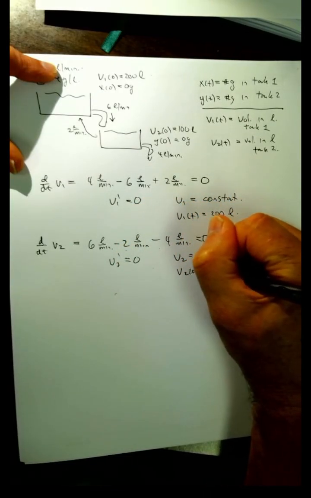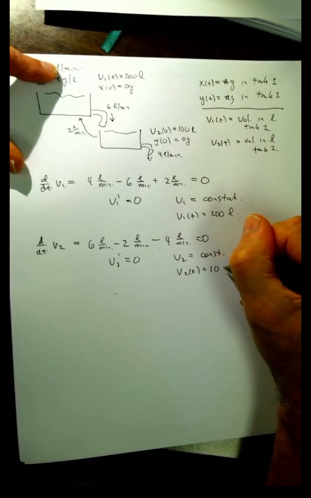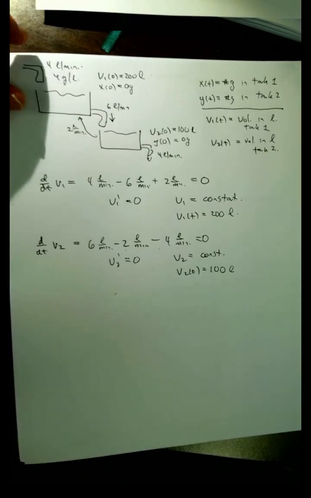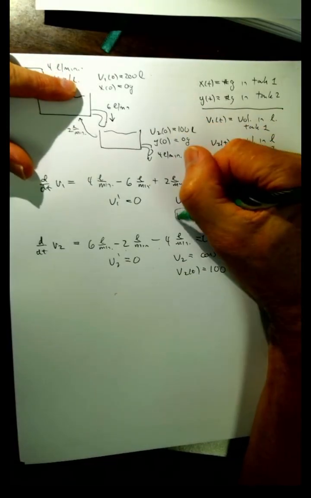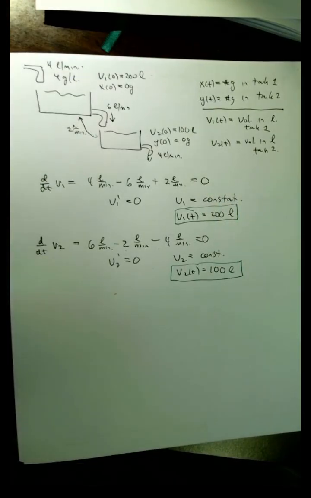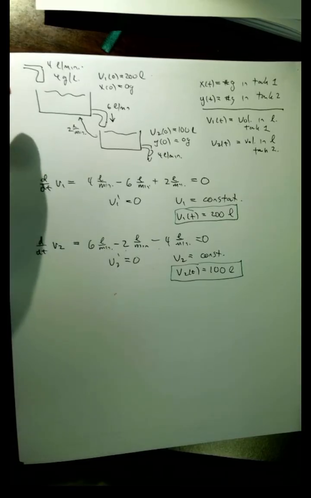And since it's initially at 100 liters, it's going to be a constant 100 liters. So we now have the volumes as functions of time. Unfortunately, they're constants. All right.